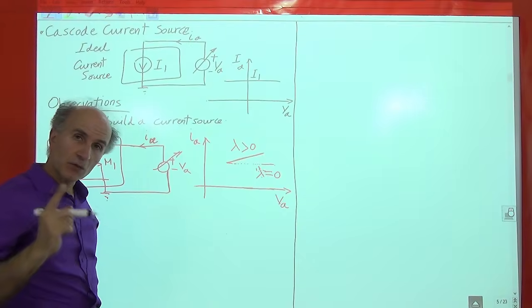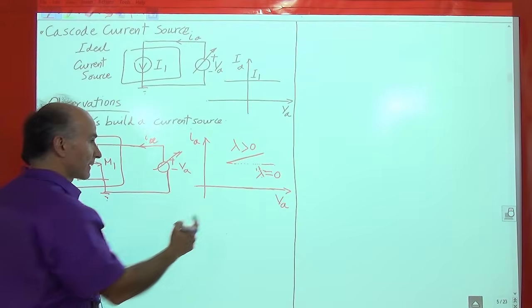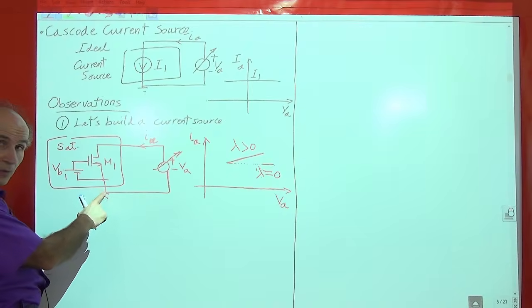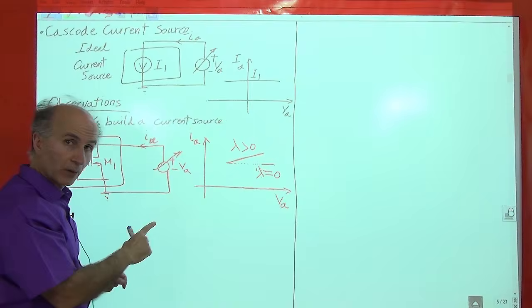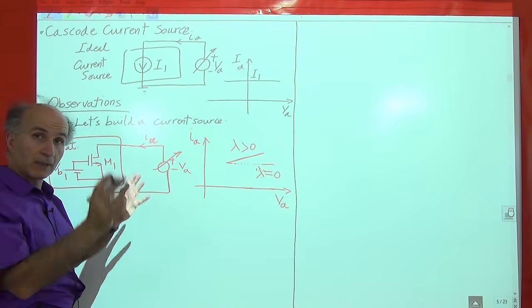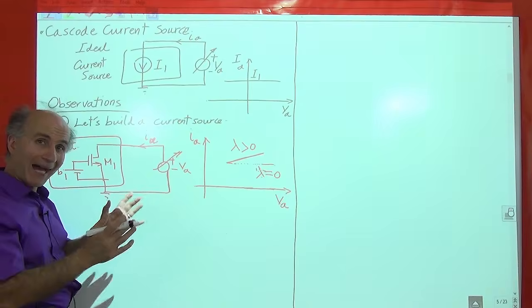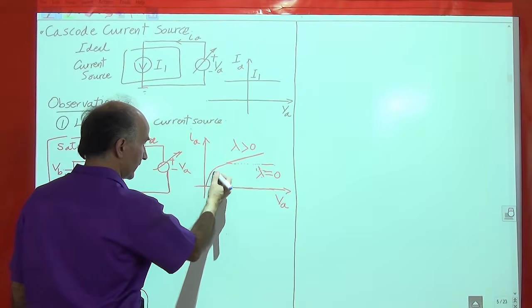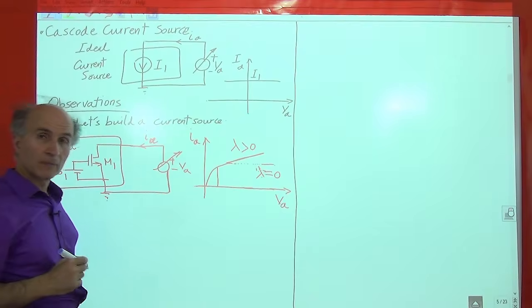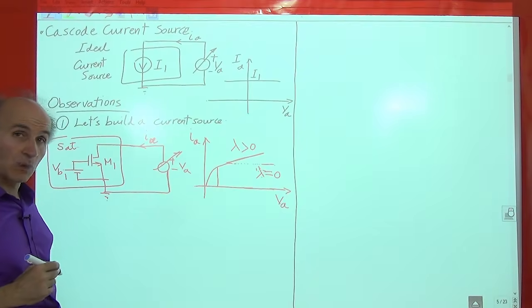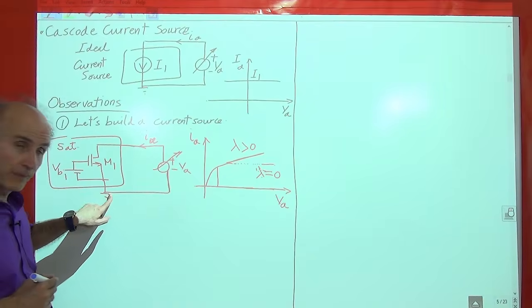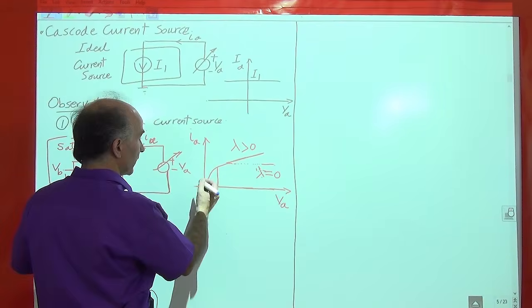All right, but we also know something else. As this voltage goes down, with the source at ground, at some point the circuit completely becomes bad, meaning it's not a good current source anymore, right? It goes like this suddenly, right? Why? Because we leave the saturation region once this voltage is too low. So at some point we enter the triode region.